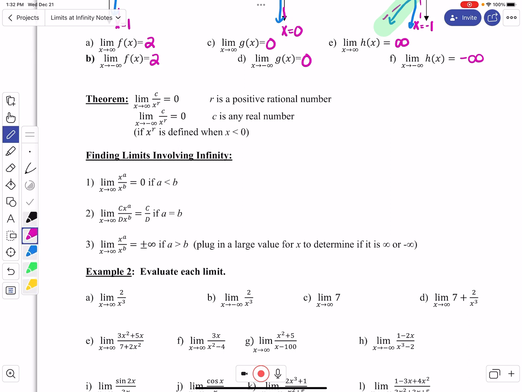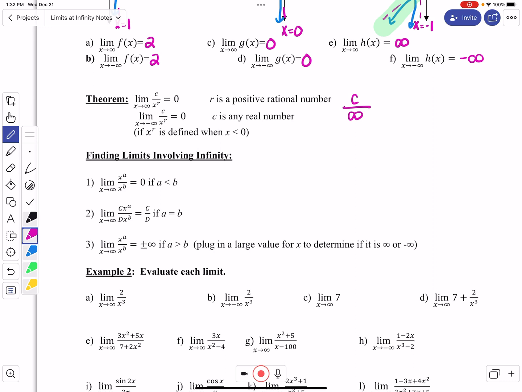So imagine if you have any number on top, c could be any number, and you plug infinity in on the bottom. If you plug in a really big number on the bottom, the bigger the number you plug in, the smaller that number is going to be.